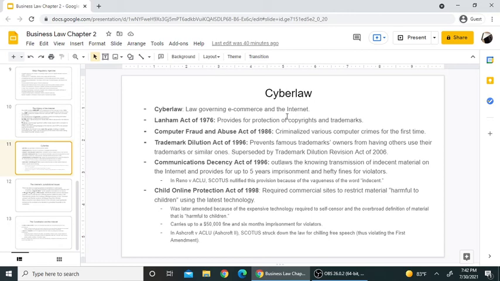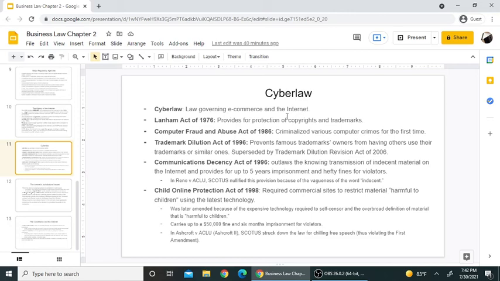It was just packets of data that you can't really see at all. So judges just didn't buy that they were really stealing anything that the law criminalized. So that's why the Computer Fraud and Abuse Act was passed, and it criminalized various computer crimes for the first time.